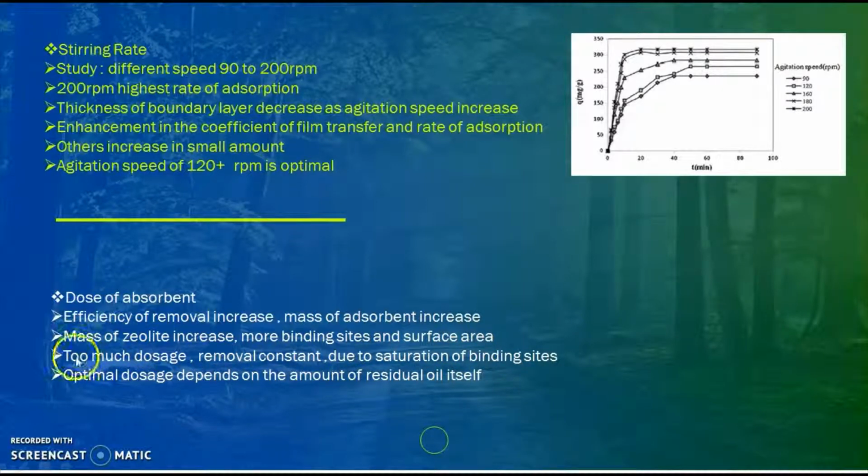However, too much dosage of zeolite will make the removal remain constant due to saturation of binding sites. So the optimal dosage will depend on the amount of residual oil itself.